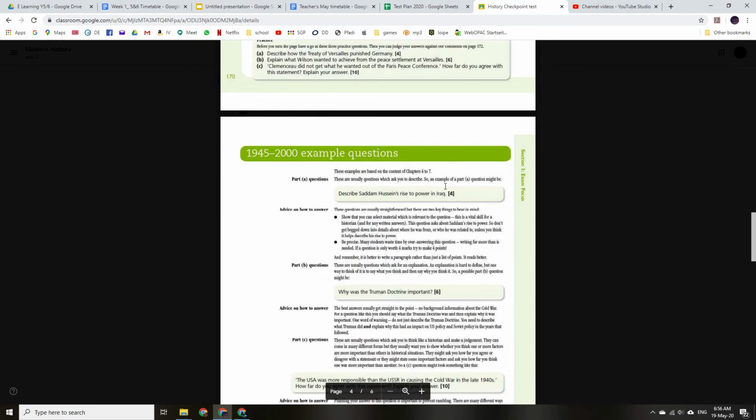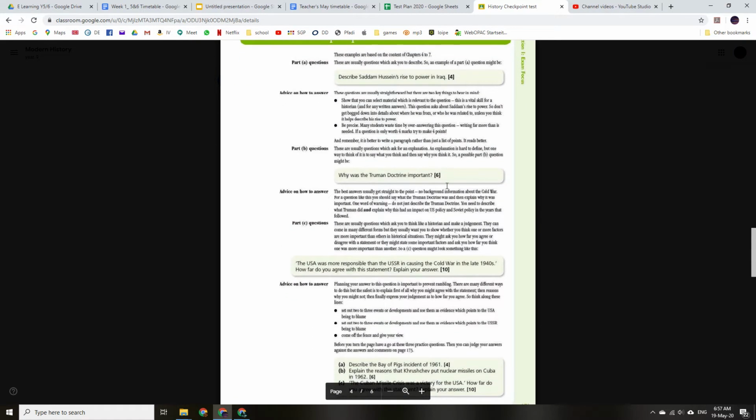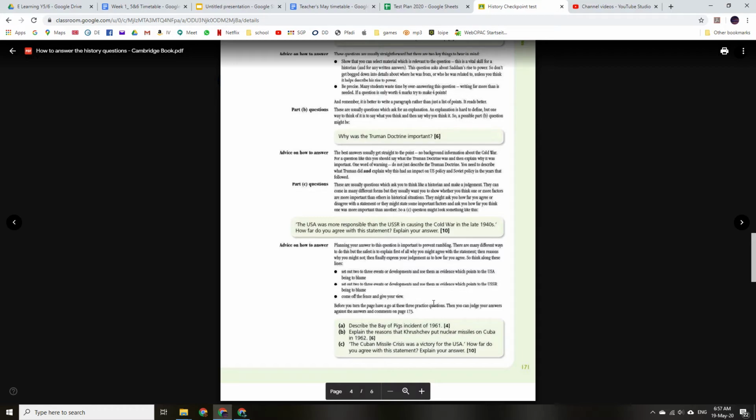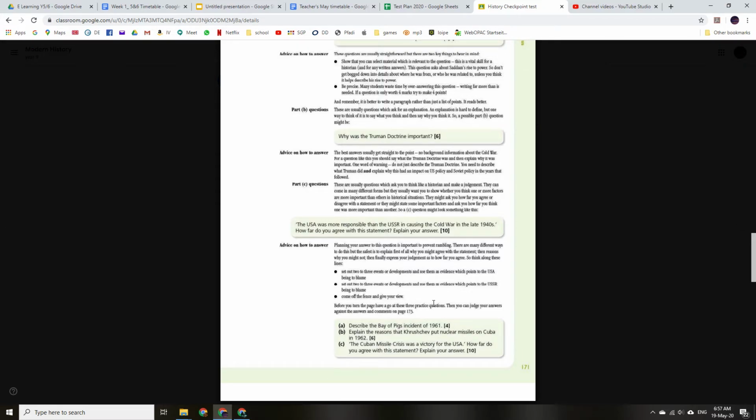Now this is lovely because it also has an example. Let's see, here's the Truman Doctrine. This is chapter 7, you don't know it. Truman Doctrine, chapter 4. The USA was more responsible than the USSR in causing the Cold War in the late 1940s. How far do you agree with this? This is also a chapter 4 question.